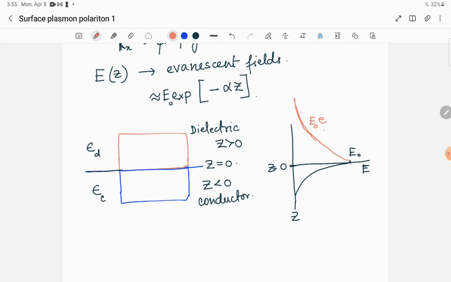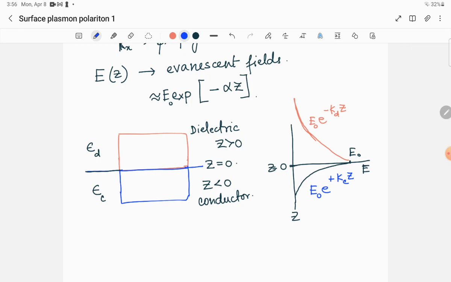For example, on the dielectric side it will decay as exponential of minus kd z, and on the metal side as exponential of kc z. Mind it, z is negative there, that's why it will be a positive term.